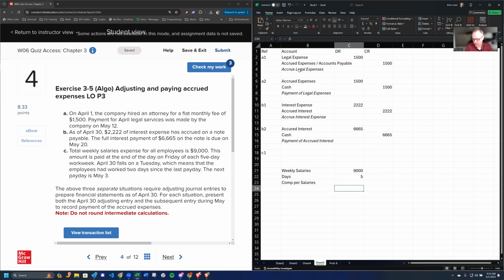Keep everything in line. Okay, so 9,000 divided by 5. That's the salaries per day. That's the compensation per day.